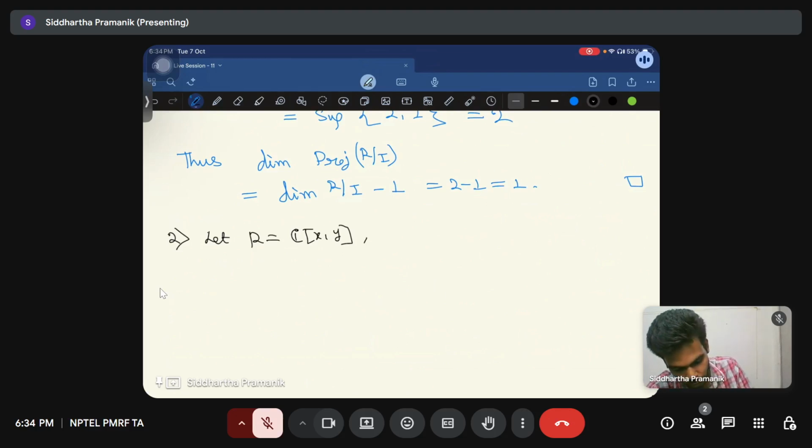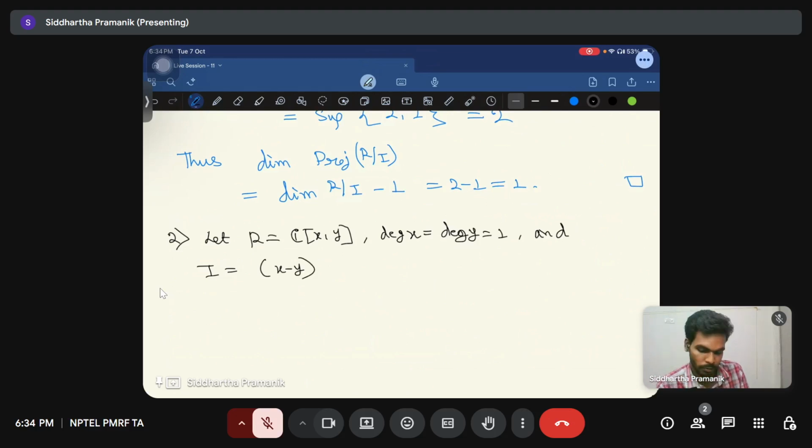And here also degree of x and degree of y is 1. So we are taking the standard grading of this polynomial ring. And let I be the ideal defined by x minus y. So this is a homogeneous ideal in R.